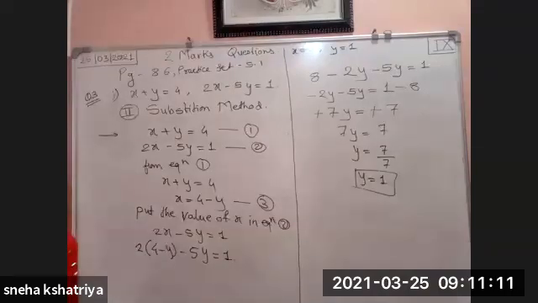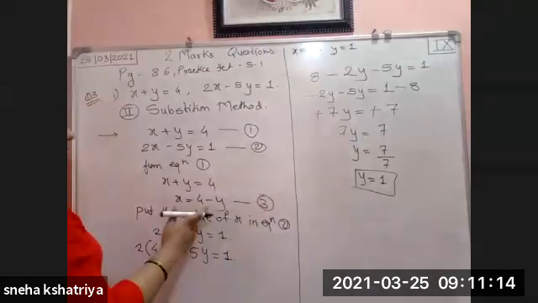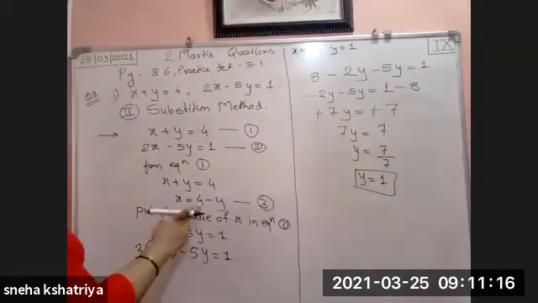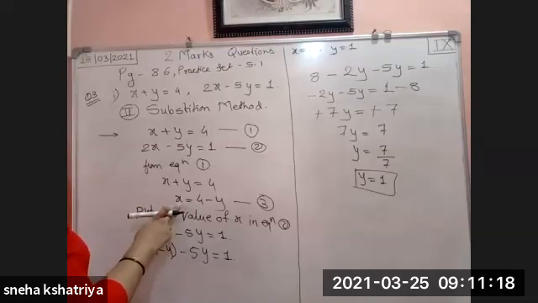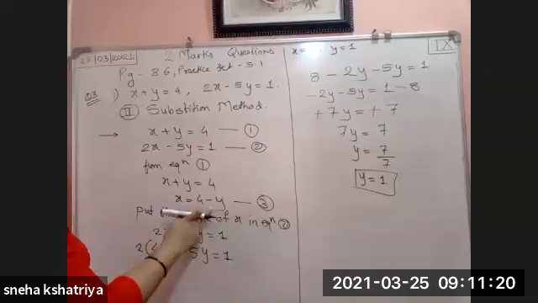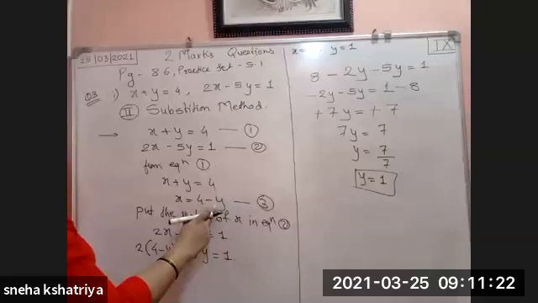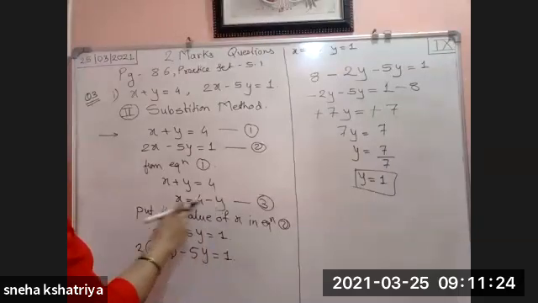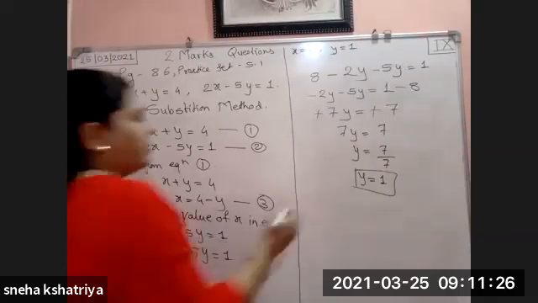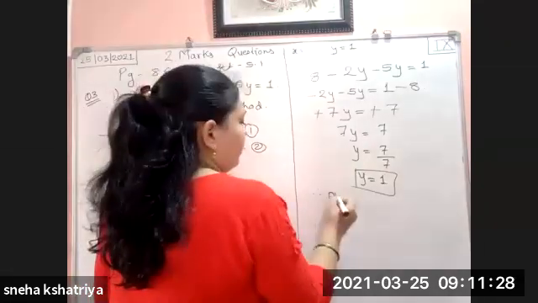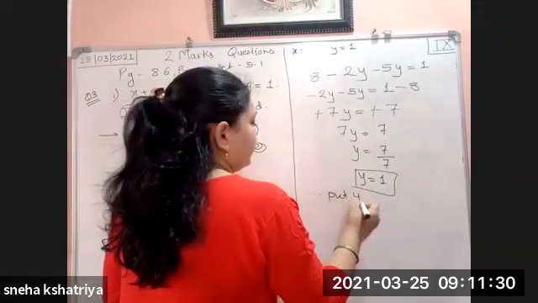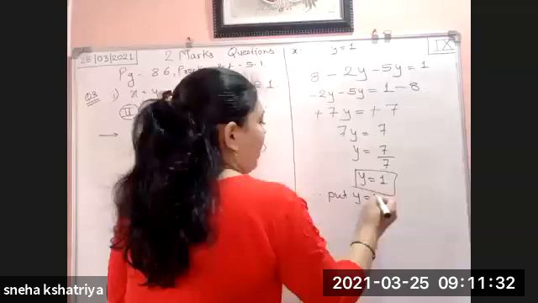Now second, put the value of y in equation 3. Here you have the value of x: x is equal to 4 minus y. If we put the value of y is equal to 1 in this equation, we will get the value of x. Therefore, put y is equal to 1 in equation 3.